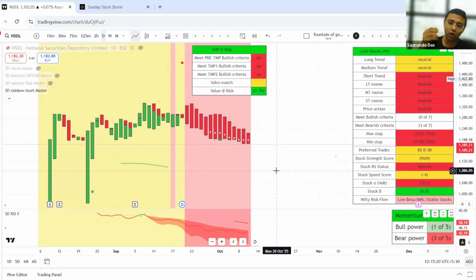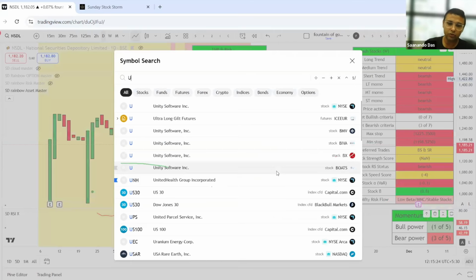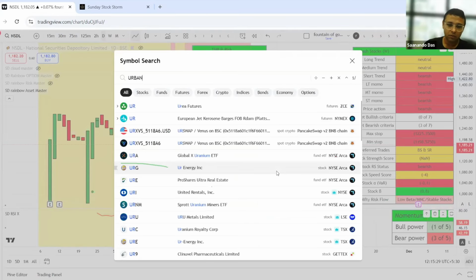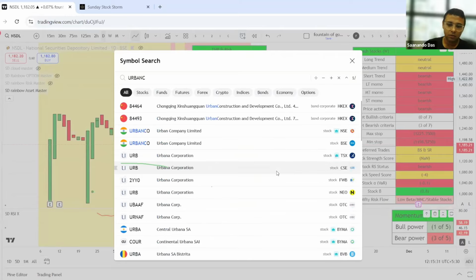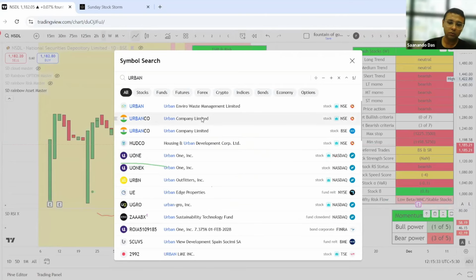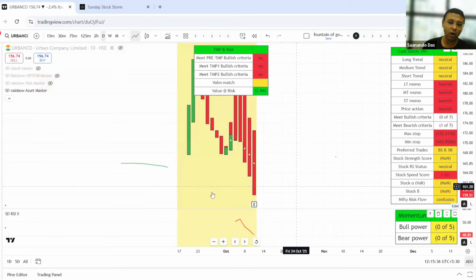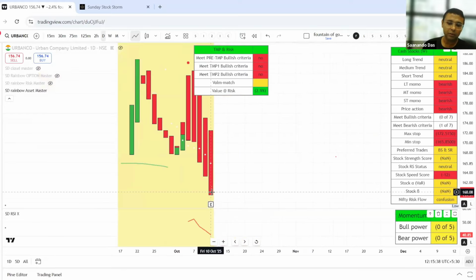Let's look at a new stock which I personally use, Urban Clap, which is Urban Company. After the IPO, look at the drop. That is why I was saying this time that I see a hype in IPOs, big hype.